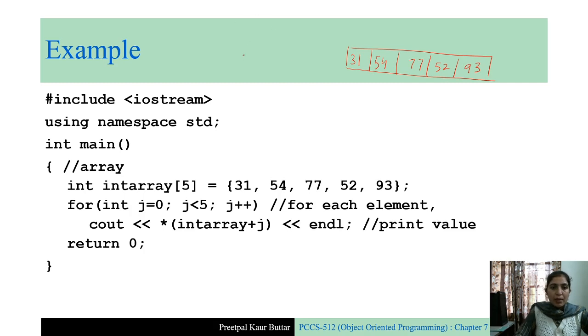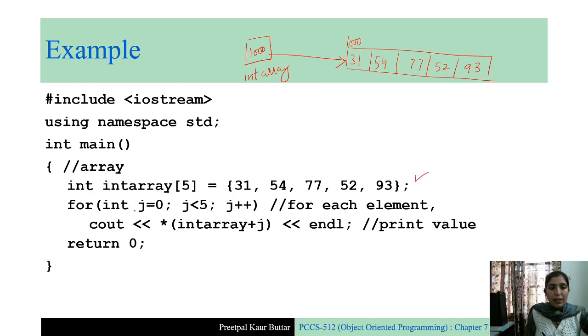Okay, and int array actually is a pointer and it is pointing to the base address of this block of memory. So it is pointing to the first element of this block of memory. Okay, so this is happening with the first statement.